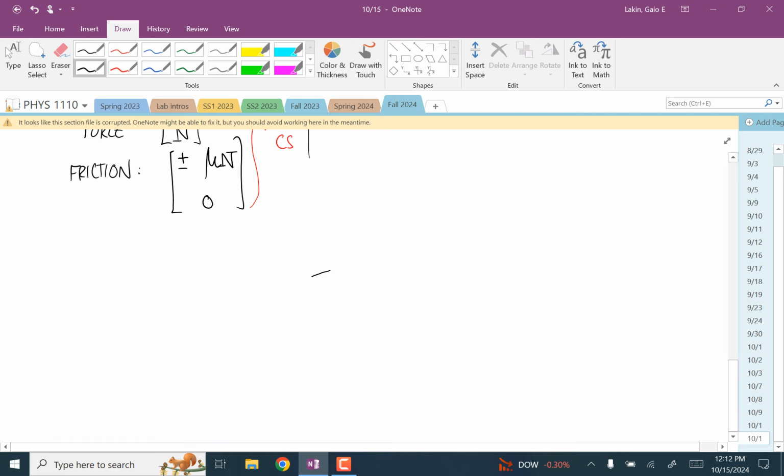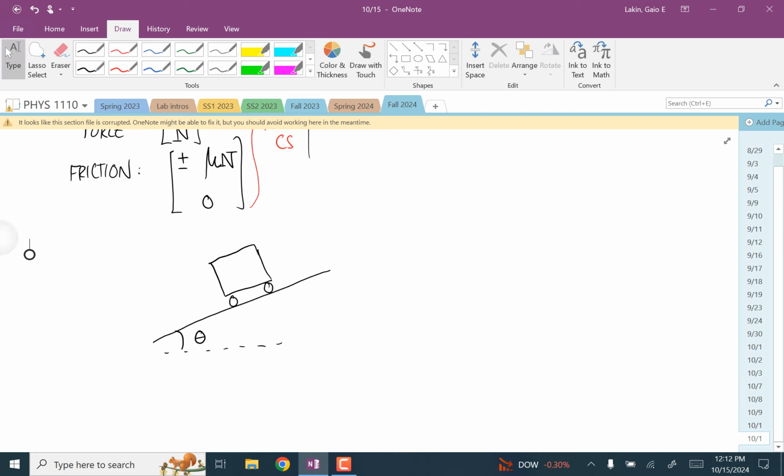So let's think about that weight force. Let's say that this angle is theta for the ramp. And here is our mass. The weight force is like this.